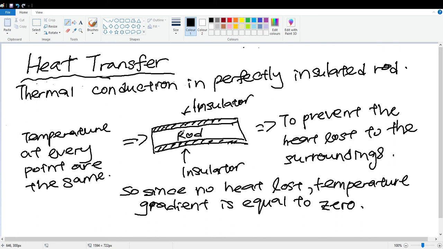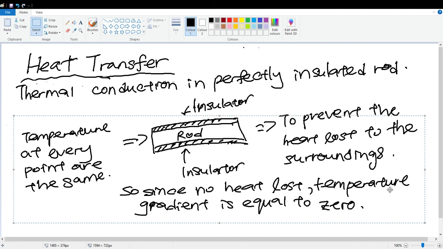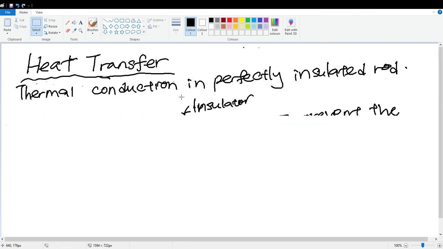Okay, so let us just move on to the other parts. This part is actually still the same subtopic, which is the thermal conduction in perfectly insulated rods.